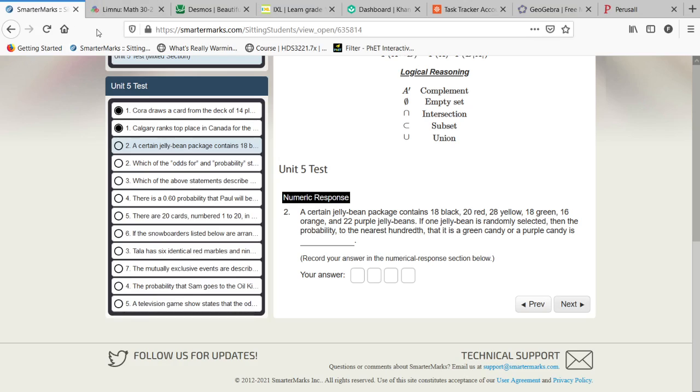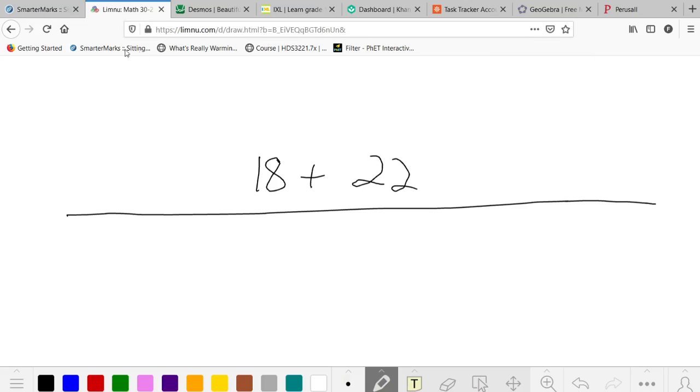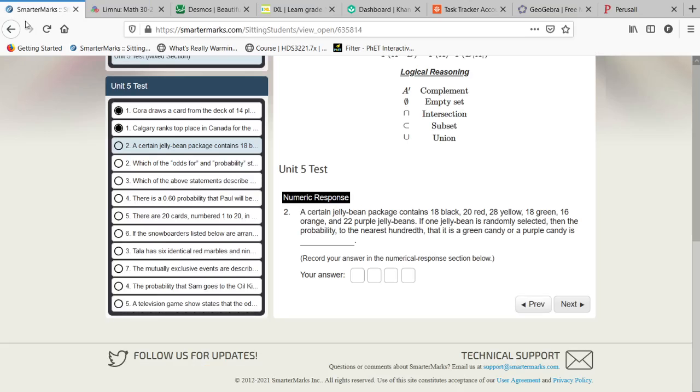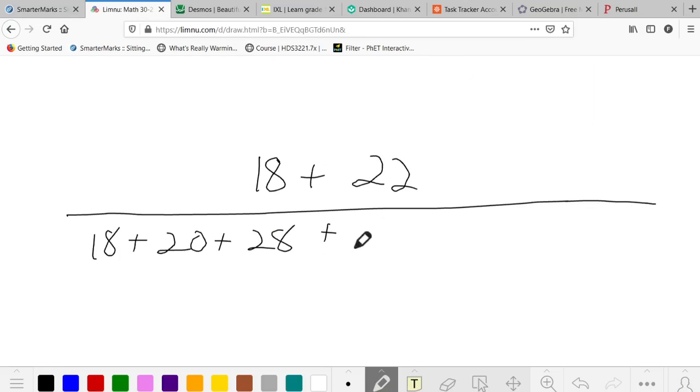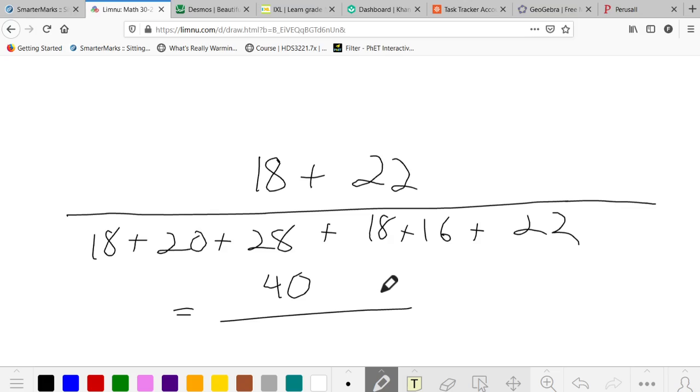And then we have 18, 20, and 28. And 18, 16, and 22. So our numerator is 40. Our denominator is 122.